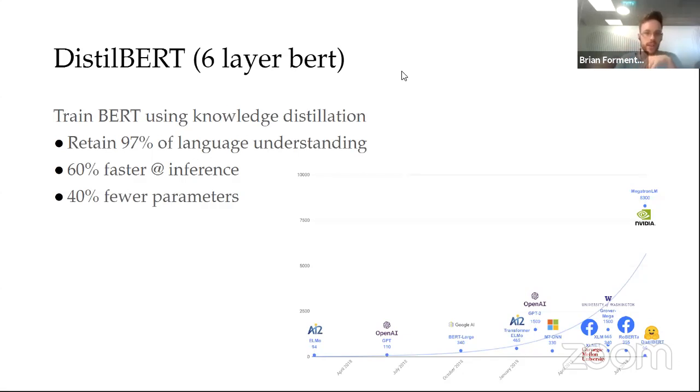So a recent development is something like DistilBERT, which essentially shrinks BERT to 6 layers instead of 12, and then trains it with knowledge distillation. Essentially this allows this smaller BERT to retain 97% of the language understanding, and it's 60% faster at inference, whilst also having 40% fewer parameters. And this is one of the smallest ones out there, which you can just use straight away in PyTorch.